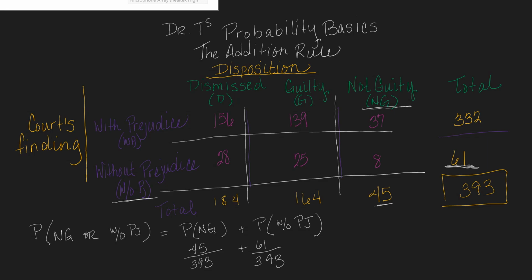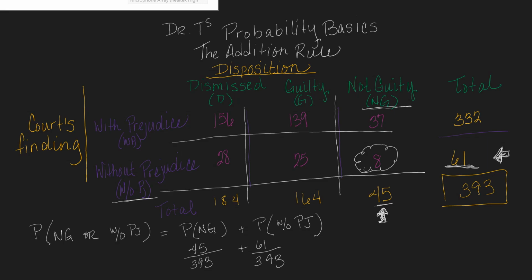So we need to be careful that we're not double counting anyone anywhere. We actually are, though. We are double counting these 8 cases. Why? Because we used this 45, which is all the cases that were disposed where the defendant got a not guilty, and all the cases where the court found not guilty without prejudice.